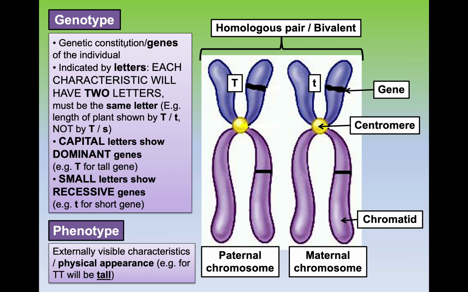And a genotype can be either homozygous or heterozygous for a certain characteristic. If we look at a person's phenotype, we are talking about features, physical characteristics. We are talking about the person's outward appearance for a particular characteristic.